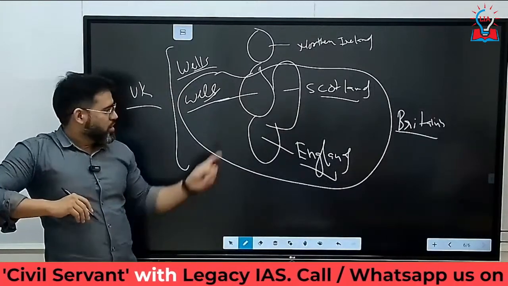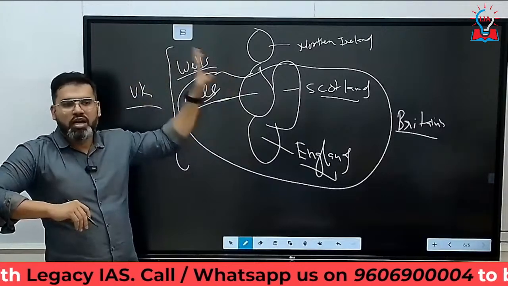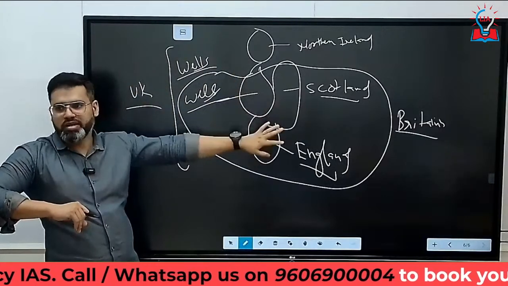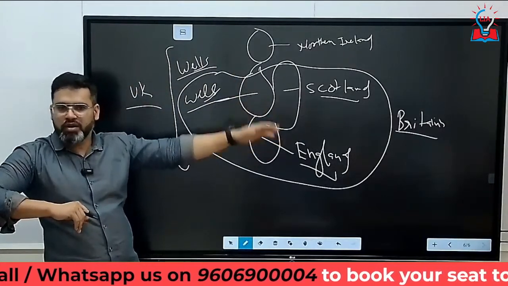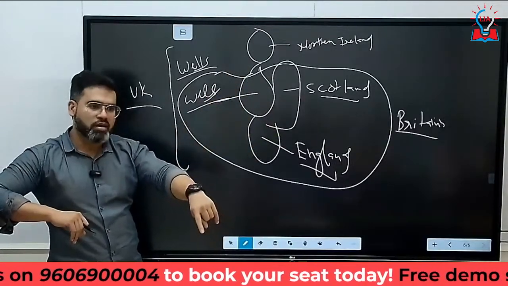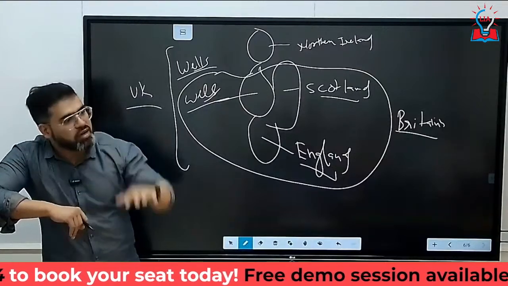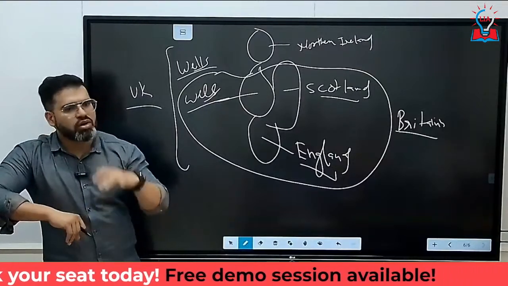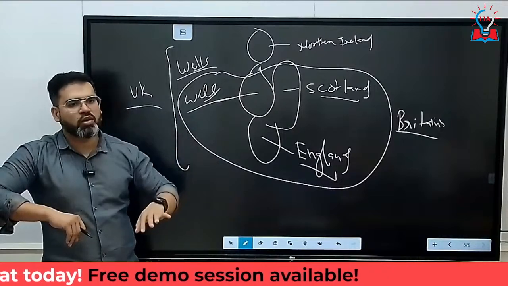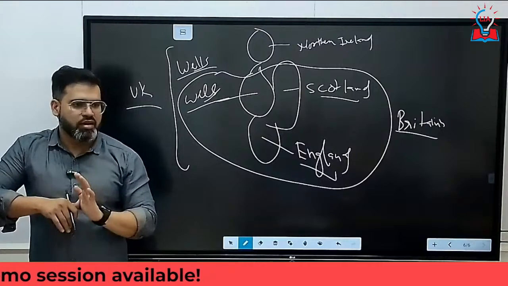ठीक है? So this England, Scotland, Wales and Northern Ireland, they are having unitary form of government. Clear? And federal form of government, when second level of government is there. We are having a third level also, local government, municipalities. Correct? So this is third level, but this we are not considering into federal because this third level comes under the state only.